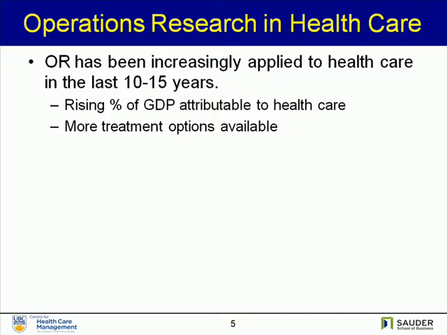So there's a push to try to find more cost-effective ways for delivering healthcare. Also, more treatment options have been becoming available, and it's become more difficult for patients and physicians to figure out which of these treatment options is best. There's much uncertainty as to how things will play out under these different options. So we would like some tools to be able to balance the different costs and benefits.